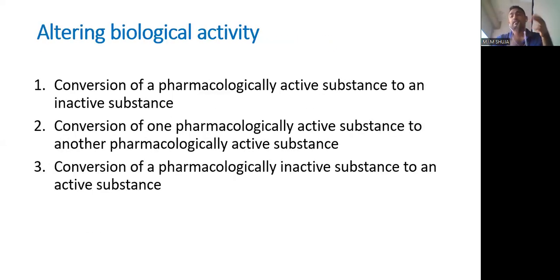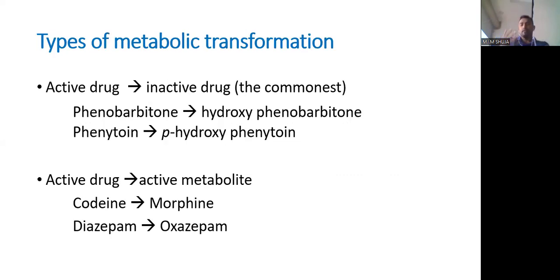Then inactive drugs become activated, like there are a few prodrugs. By now you should know the definition of prodrug and examples. The prodrugs come into the liver and get metabolized and become active. So these are a few examples when an active drug becomes inactive, or active becomes active again.